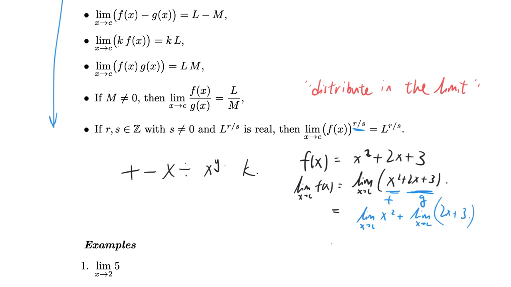And you can keep breaking it apart until you have each of the terms. For this x squared here, we have x times x, and that would be the limit as x approaches c of x multiplied by the limit as x approaches c of x, plus here we can break it apart again: the limit of 2x plus the limit of 3, and then by the constant property, we can pull out the 2, and we can find the limit of 3 as x approaches c.